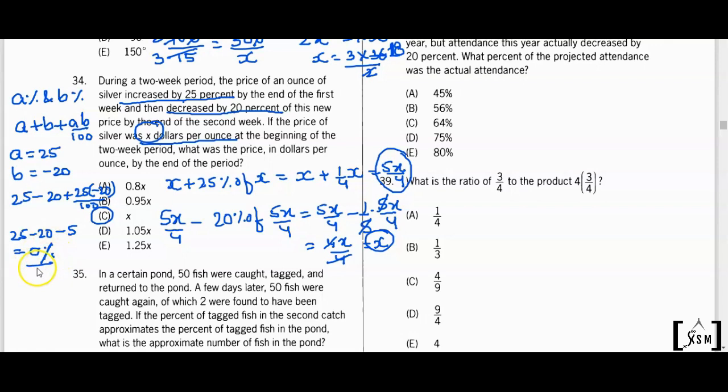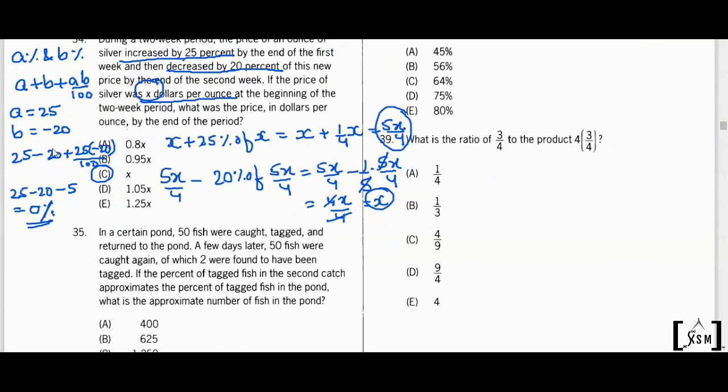So that is a single percentage change. If it is a 0% change, it means the price has not changed at all. It is X, right? Further, we'll be using this formula for further questions. Okay. Let's move on to number 35.